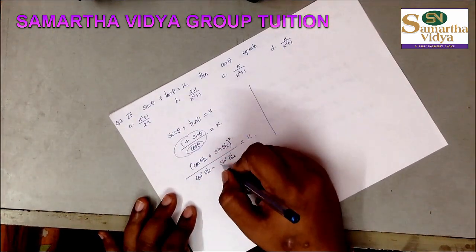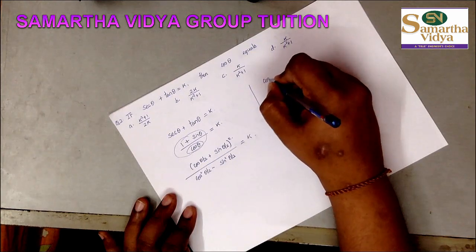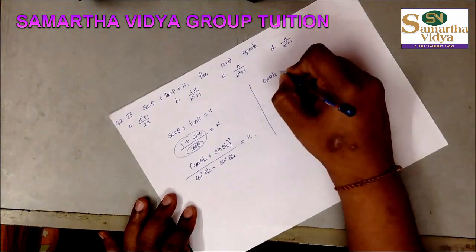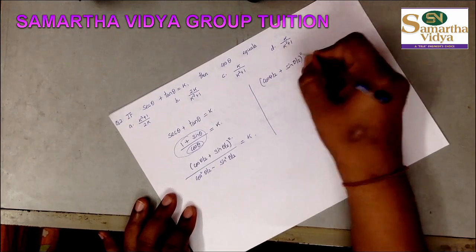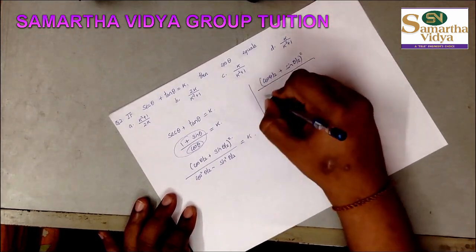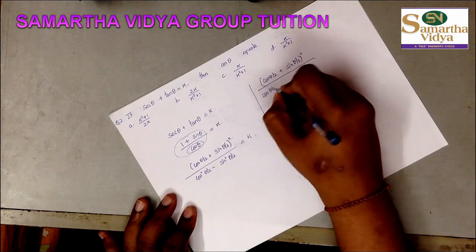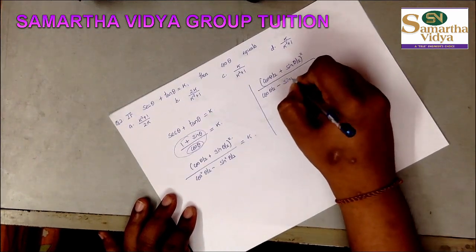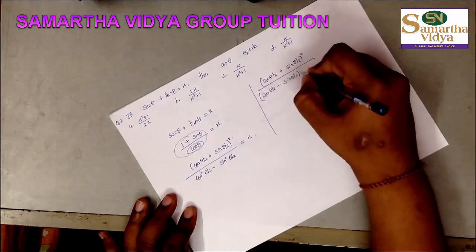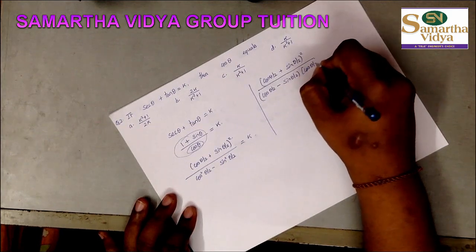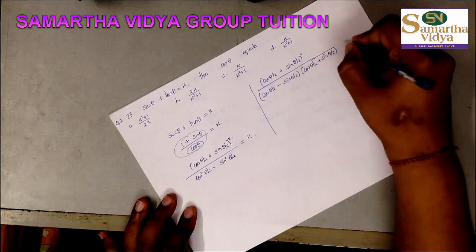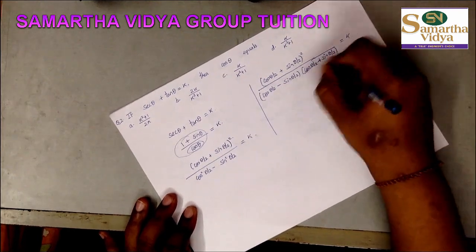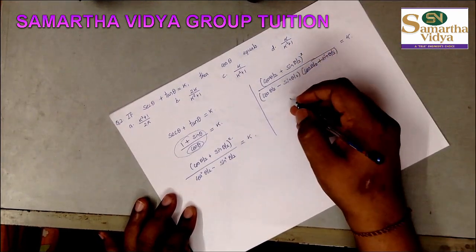So now just simplifying the denominator, we have cos theta by 2 plus sin theta by 2 the whole square, and writing this as cos theta by 2 minus sin theta by 2 into cos theta by 2 plus sin theta by 2. You can see one of the terms gets cancelled out.